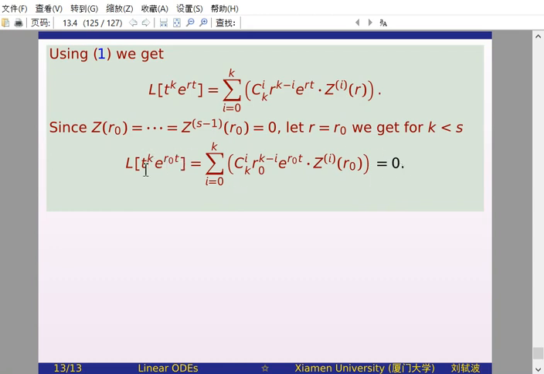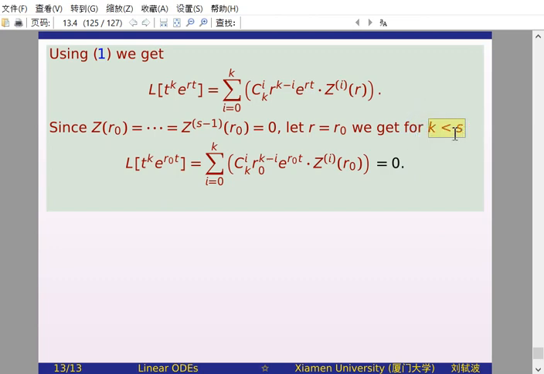So this proves that for k less than s, that is, k is 0, 1, 2, until s minus 1, L acting on t^k e^{r0 t} is 0. So this function is a solution of Ly equal to 0. So this proves our result.